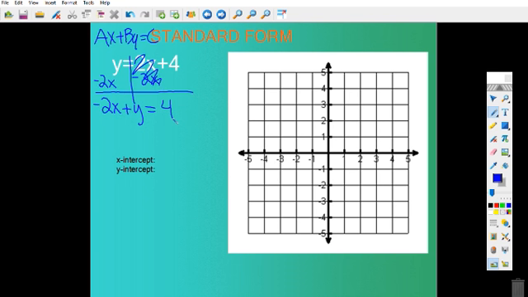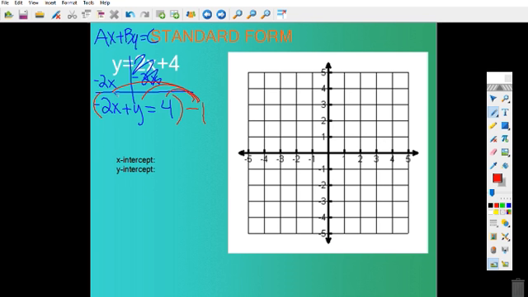You'll notice my first number out front, a, is negative. Remember, I can't have a negative number out there. So we need to change it to positive. I'm going to multiply by -1 to each term. Okay?